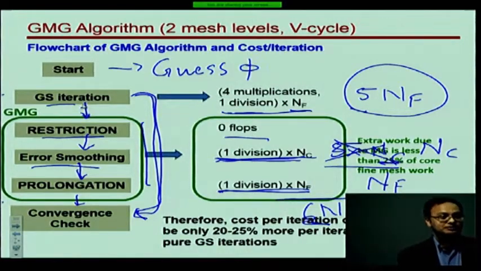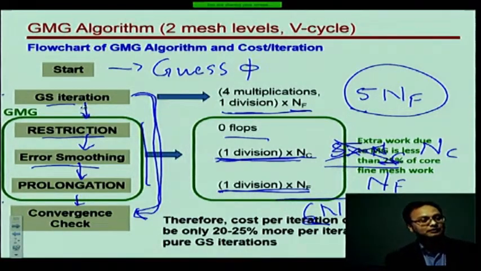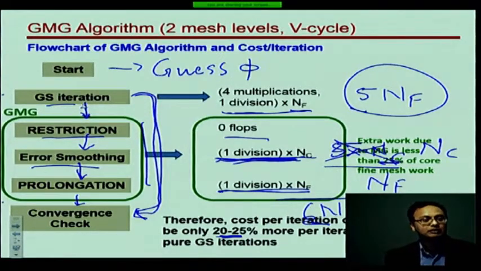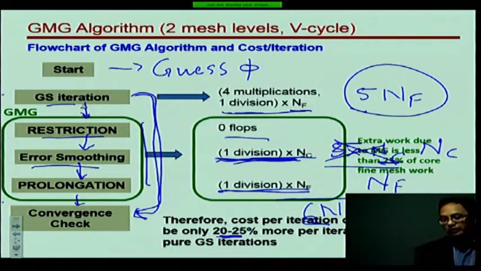If you're doing more sweeps here, then this could increase, because now you're going to get 5 NC, which is pretty much the same as 1 NF, slightly more. But again, it's a question of whether, if I do more sweeps on the coarse mesh, I am getting substantial gains in convergence.